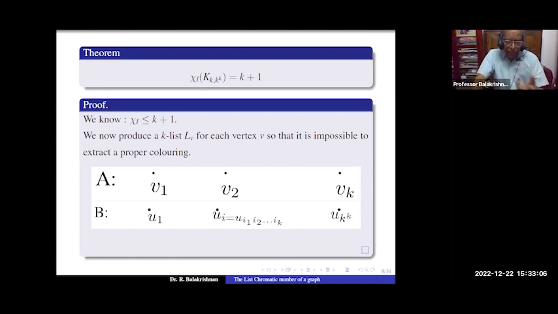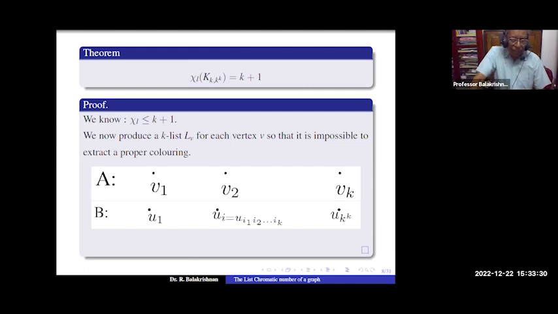But you can always color it with k plus 1 colors, which means the list chromatic number is exactly equal to k plus 1. It is not less than k plus 1, but it is less than or equal to k plus 1, therefore it is equal to k plus 1. So we now produce a k list L for each vertex V, so that it is impossible to extract a proper coloring.